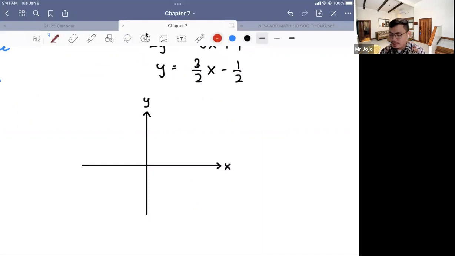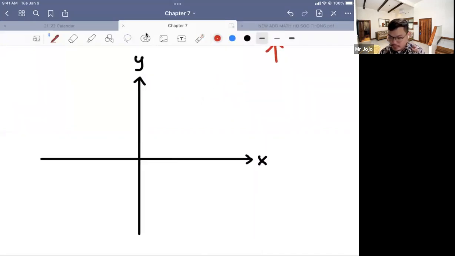Always begin with your y-intercept, which is negative 1 half. So where is negative 1 half? Let's say this is 1, so this is negative 0.5.